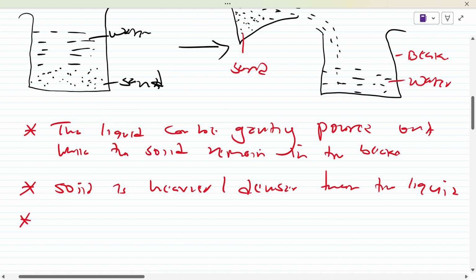It is not always applicable, because in certain insoluble solid liquid mixtures it is not possible.